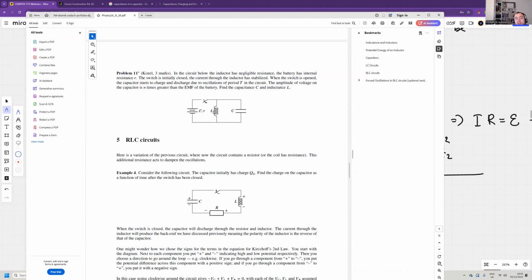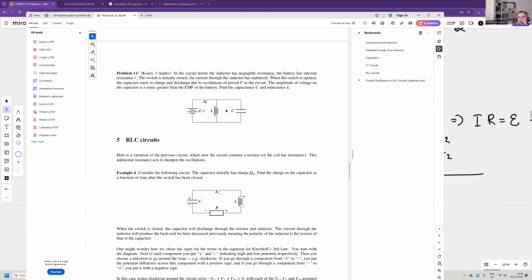So you need to find the total energy stored in both. And then imagine that all this energy goes into the capacitor, for example, and find the voltage on the capacitor. Okay, I hope that makes sense.